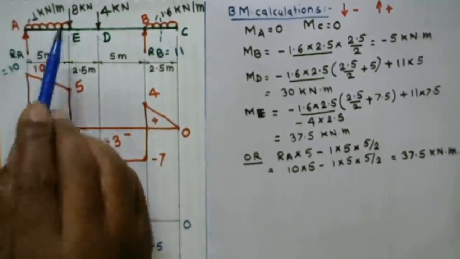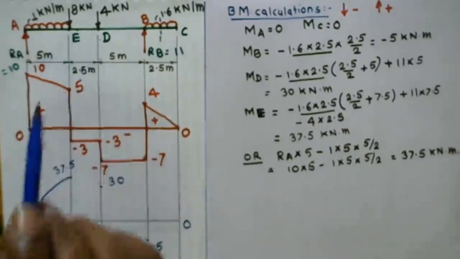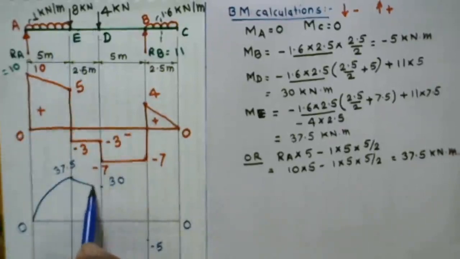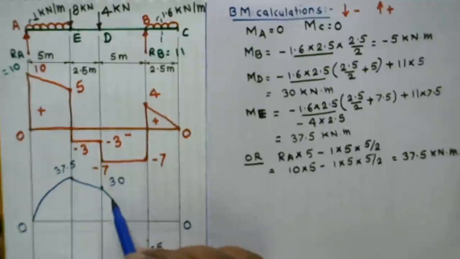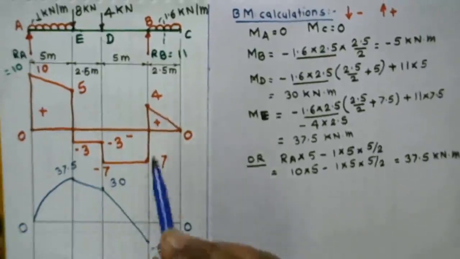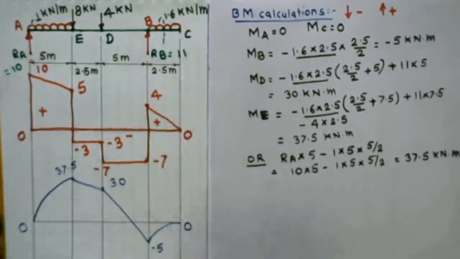Here the UDL is acting, so we have to join by a parabolic curve. Between A and D there is no load, so we join by an inclined straight line. Again between points D and B there is no load, so again an inclined line. But between points B and C there is a UDL, so parabolic.